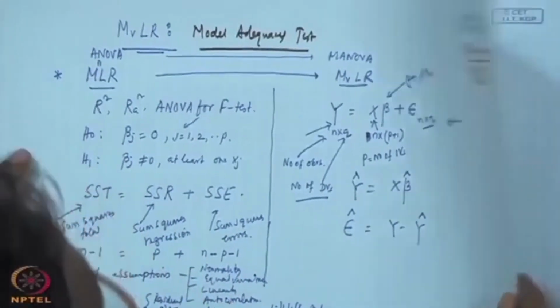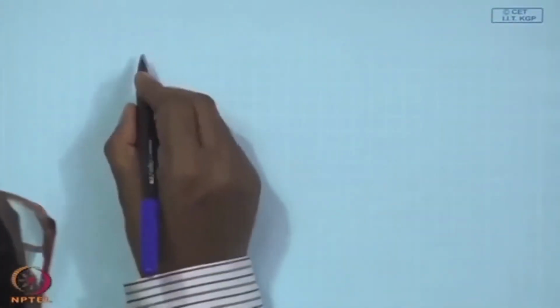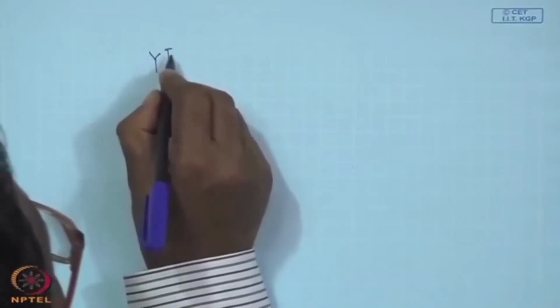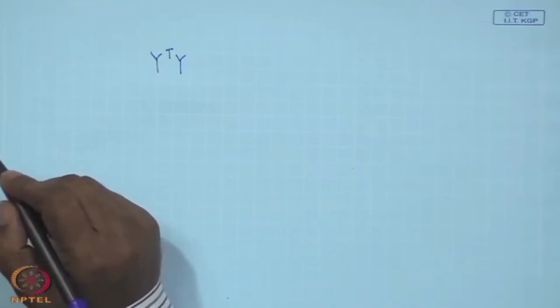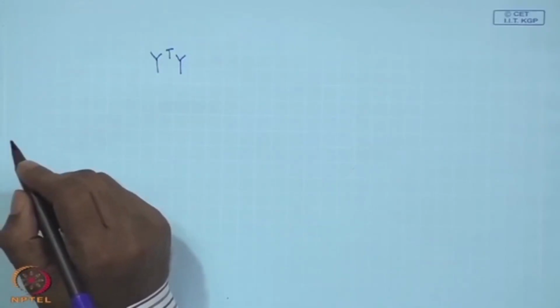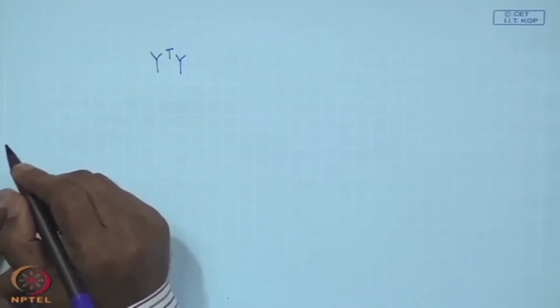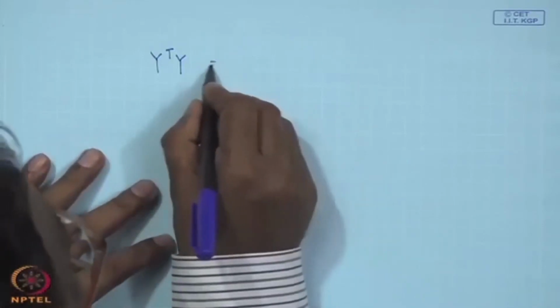So, what will we do with these things? Suppose I want to know Y transpose Y. Getting me? I want to know Y transpose Y. What will this be?